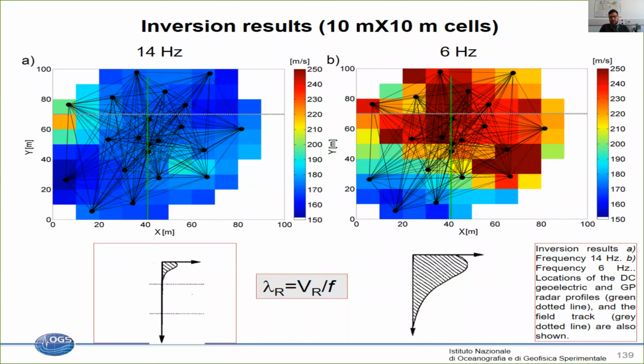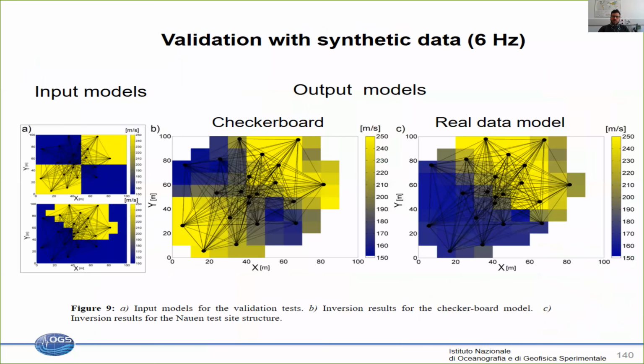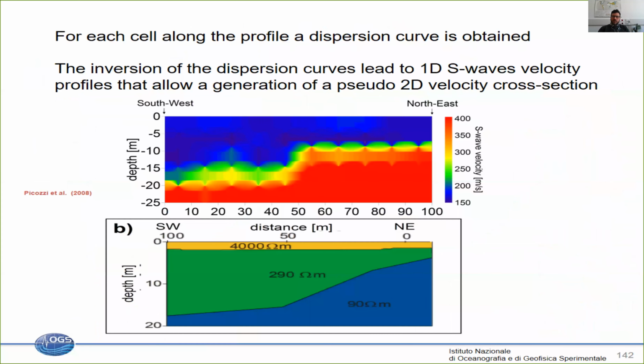Okay. Yeah, because we can see the figure below of the 14 hertz, it's very shallow, and in that shallow range, we have less variability of the velocity. And the next question is related to the source. But of course, don't misunderstand me. When we calculate the velocity profile here, we have a full dispersion curve.